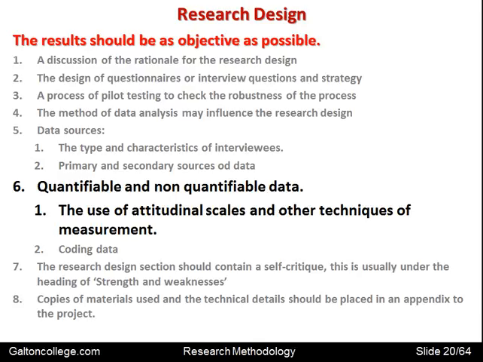Is it a 2 or a 3? It's not quantifiable in the same way as measuring weights or measuring the temperature. So there are issues with attitudinal measurements, measurements of opinions, I should say.